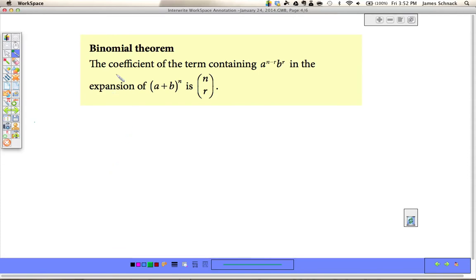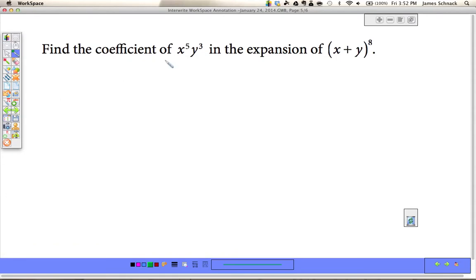So, in general, we can say the coefficient of the term containing a to the n minus r times b to the r in this expansion is n choose r. So if we can identify the exponents on the two pieces in that term, we can know which binomial coefficient to calculate.